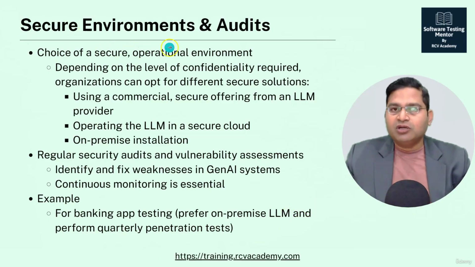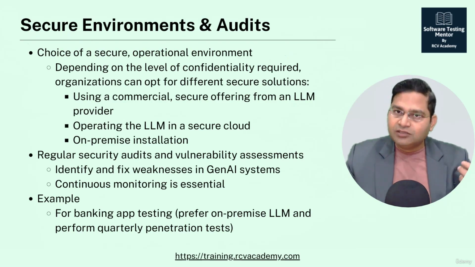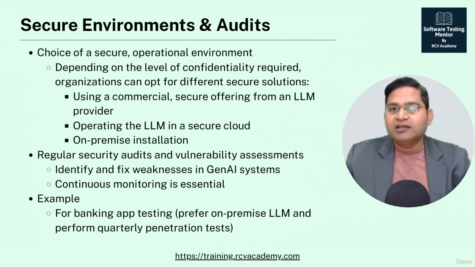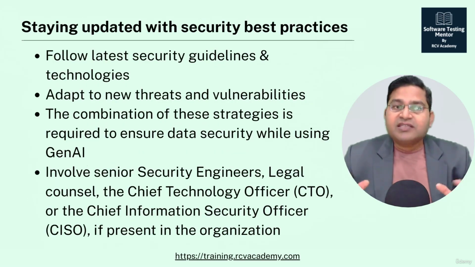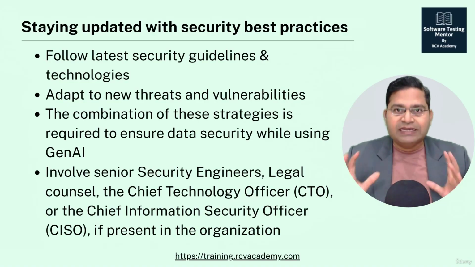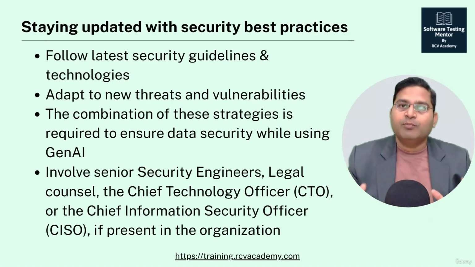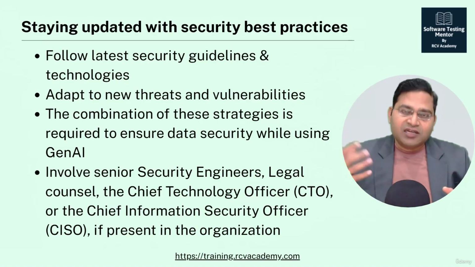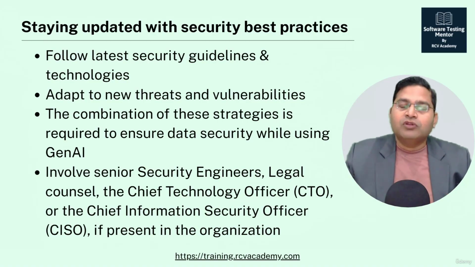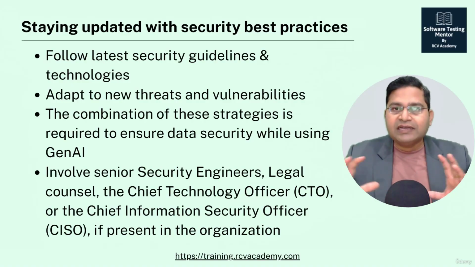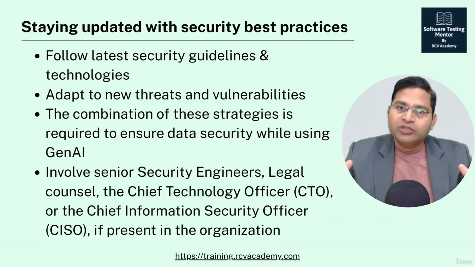So that's another important bit on using secure environments and auditing the LLM models. Next thing is staying updated with security best practices. So follow the latest security guidelines and technologies. Whatever best practices and technology come into the picture, you or your organization follows them and patches the model with those guidelines, practices and technology.